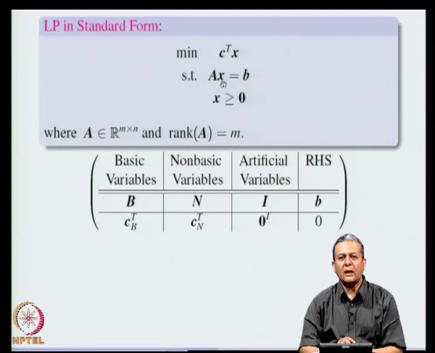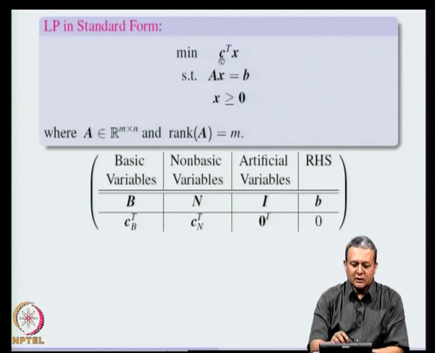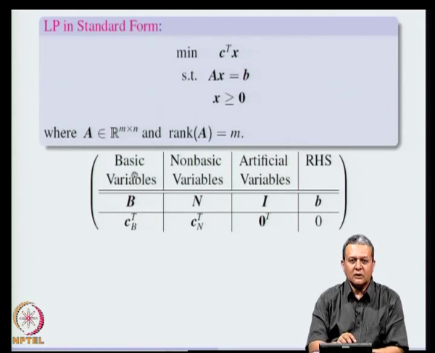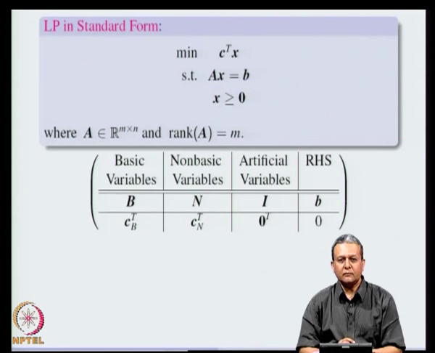So, we introduce artificial variables. Associated with these artificial variables is an identity matrix in the constraints, and then we have the right side. Corresponding to the cost function, we have C_B transpose associated with basic variables, C_N transpose associated with non-basic variables, and a 0 vector associated with artificial variables, and the last cell in this matrix is 0.